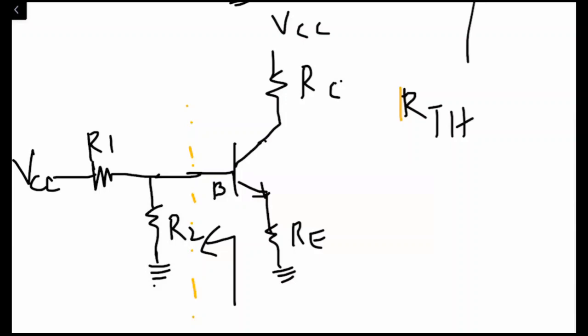And how can we find this? The starting point is that whatever biasing source is connected inside this circuit is going to be short circuited, right? So if we short circuit this VCC, let me just redraw what we are left with.